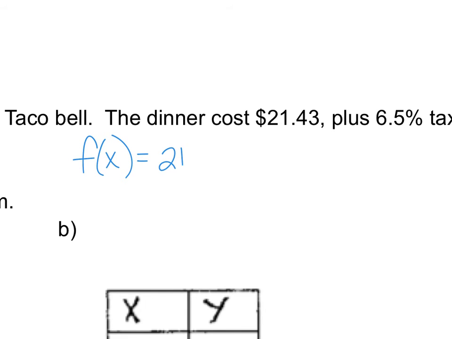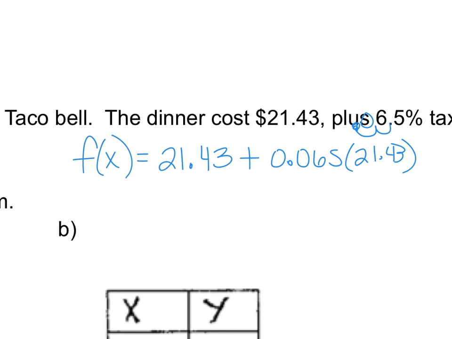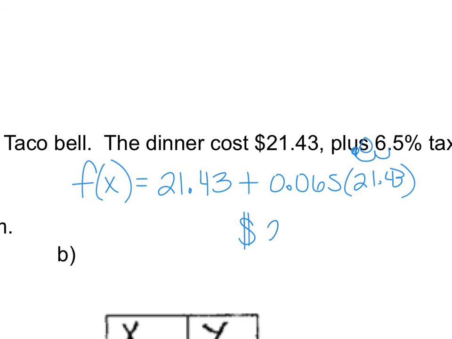So you're going to have the initial cost, 21.43, plus your tax, and remember you move the decimal place over twice, so that would be 0.065 times the price. So I just put it in my calculator, and this one we have to round, that's okay. So you're rounding 2 decimal places, so you get $22.82.